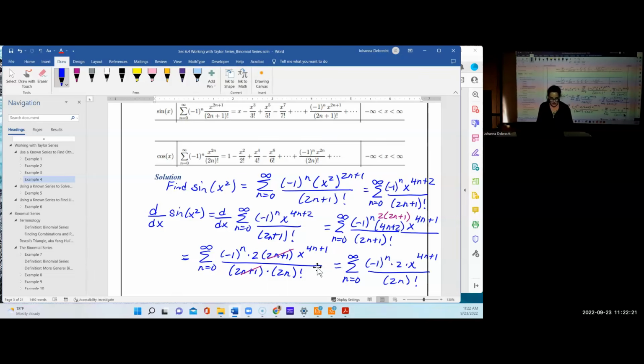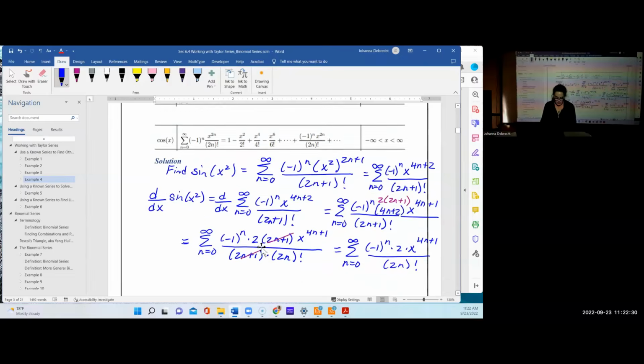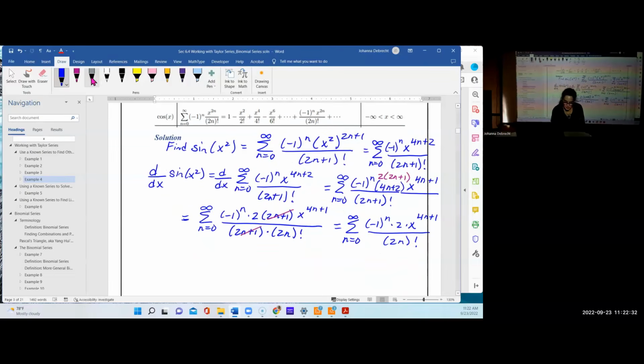All right, now let's go ahead and find the power series for 2x cosine of x squared and compare it to what we found below. So we're going to find 2x cosine of x squared, which is going to be 2x times the series from n equals 0 to infinity of -1 to the n.